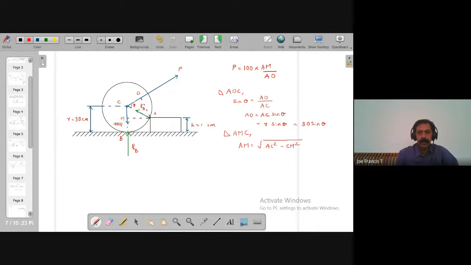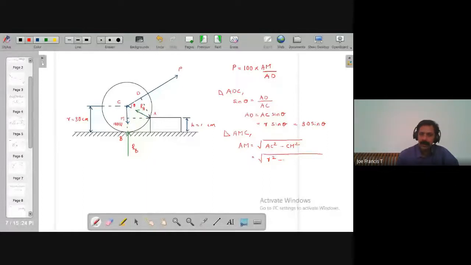Now what is AC? AC is R, that we already know. AC is the radius, so it's equal to square root of R squared minus, what is CM? CM is R minus H length.